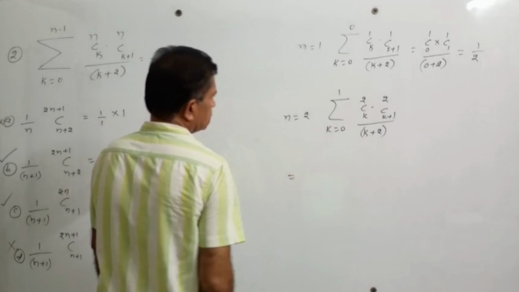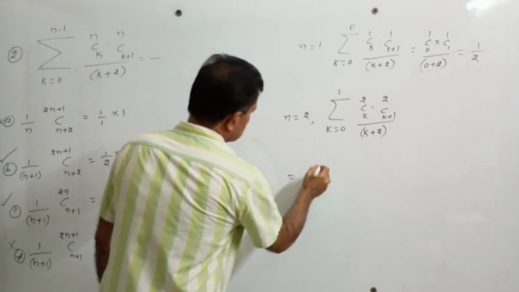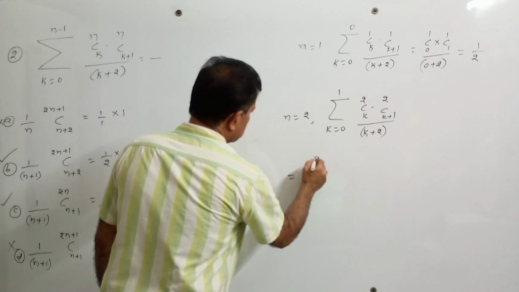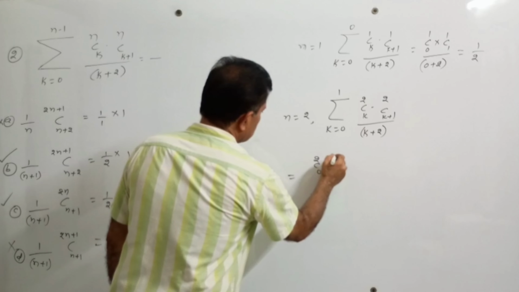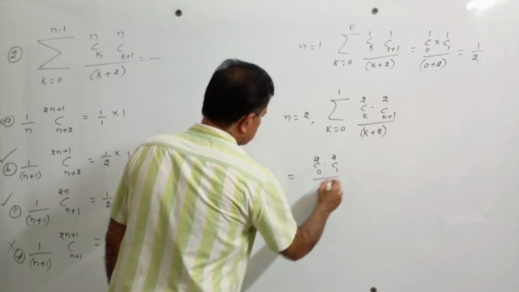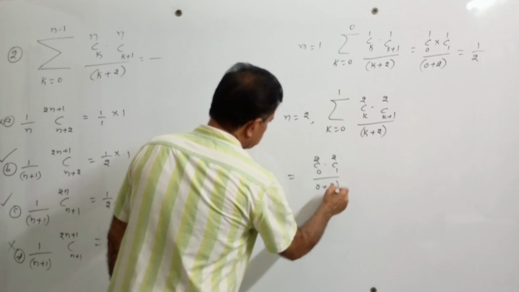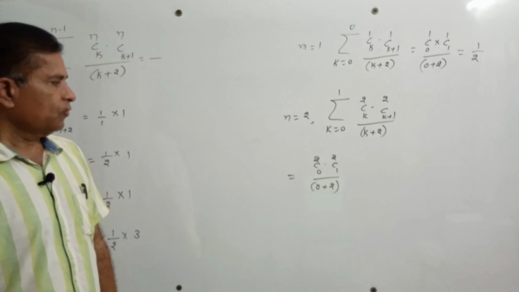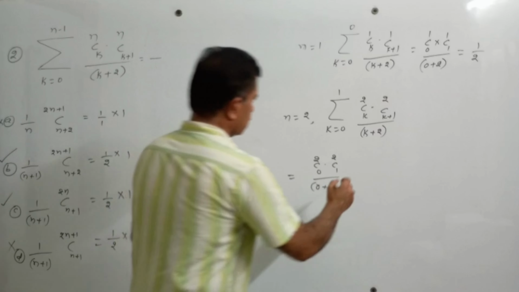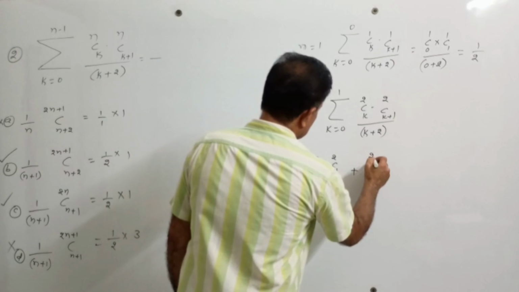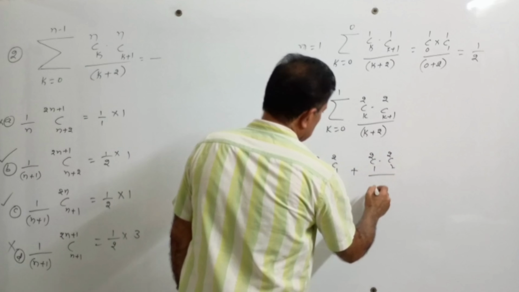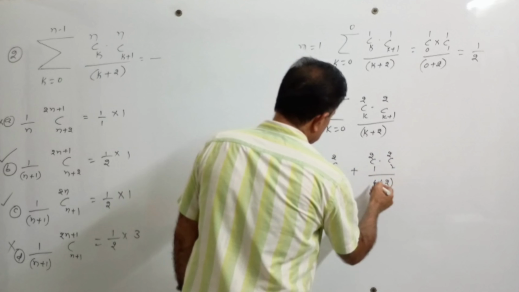Expanding the sigma, I can say it is 2C0 multiplied with 2C1 by 0 plus 2. Just I wrote k is equal to 0, first term. For k is equal to 1, this becomes 2C1 into 2C2. Denominator becomes 1 plus 2.